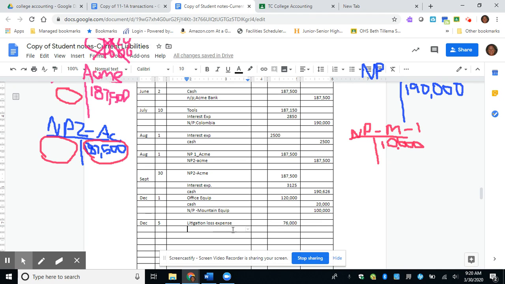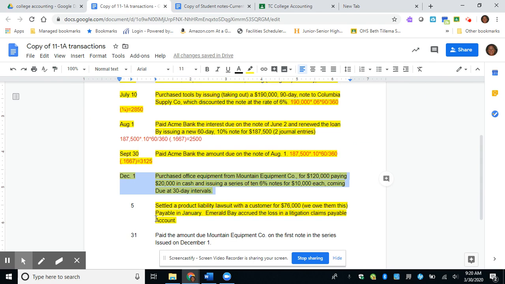Since it's a payable, I am going to call it a litigation claims payable of $76,000. So I don't have to worry about paying it until January, so it just sits in that payable. So this one is done.